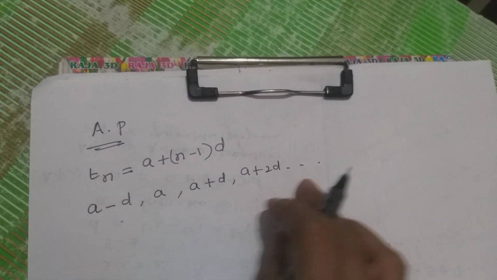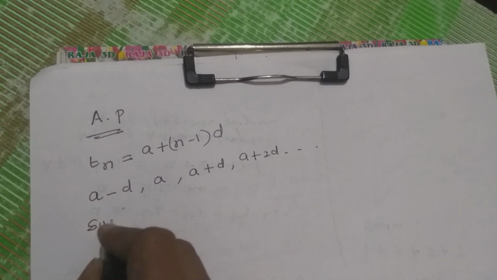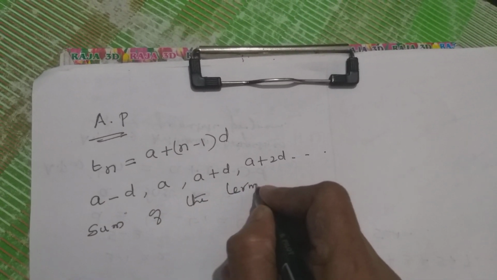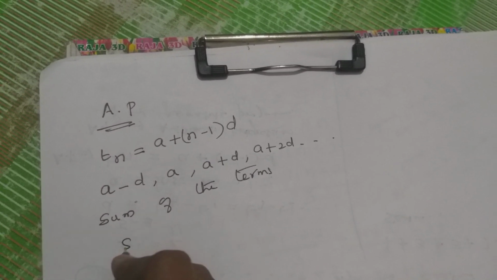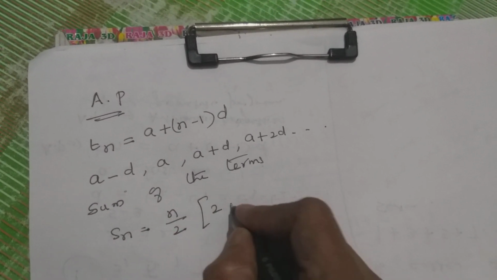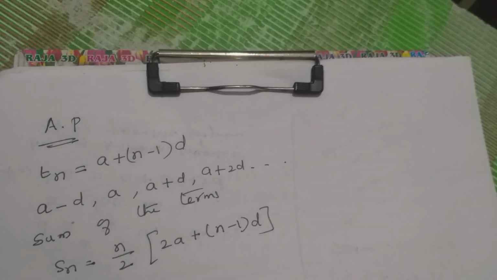Now, if they ask you to find the sum of the terms in AP, the formula is Sn equal to n by 2, 2a plus n minus 1 into d. Learn these formulas by heart.